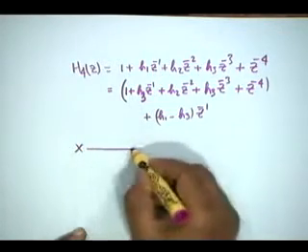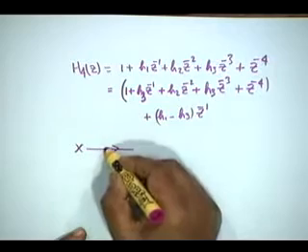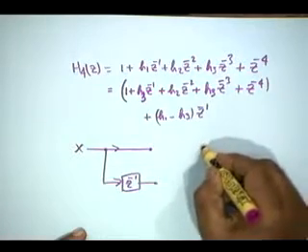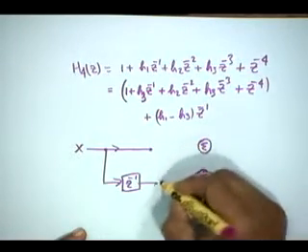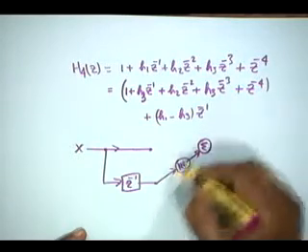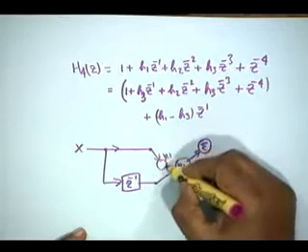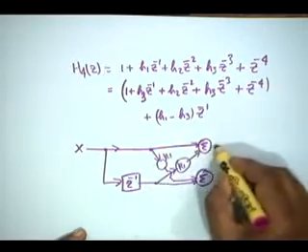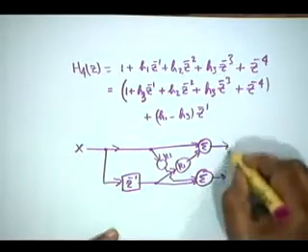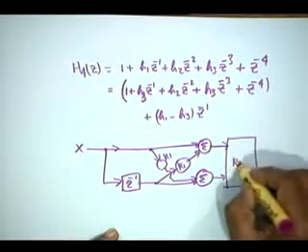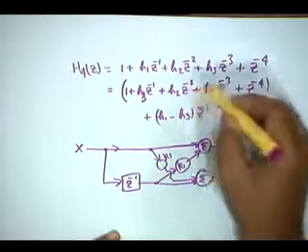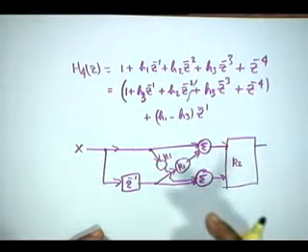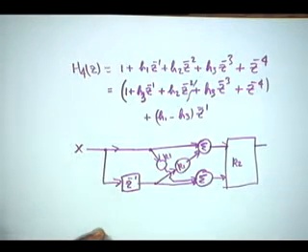So, the structure would be like this: X, then Z inverse, you have two summers, K1, K1, the next one would be a box K2, the next one K3 would be, because our decomposition would be here from H4 we will go directly to H2, but there is a problem.